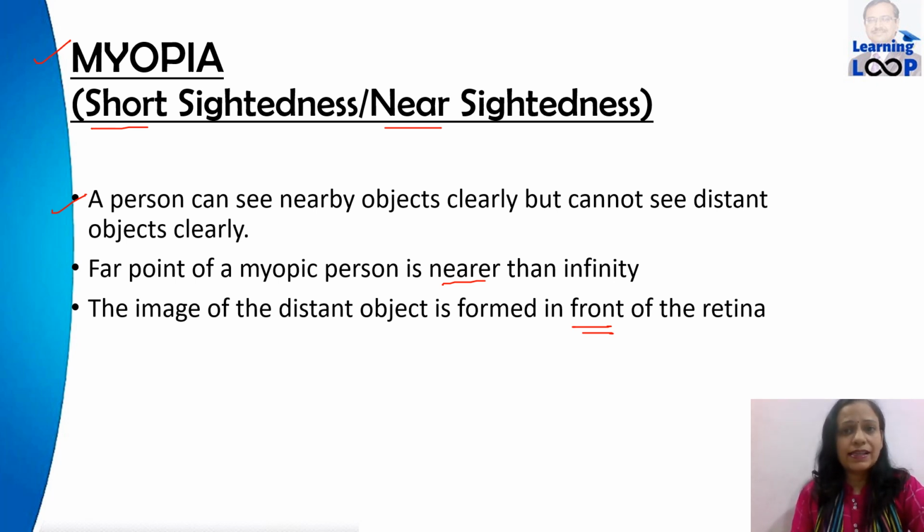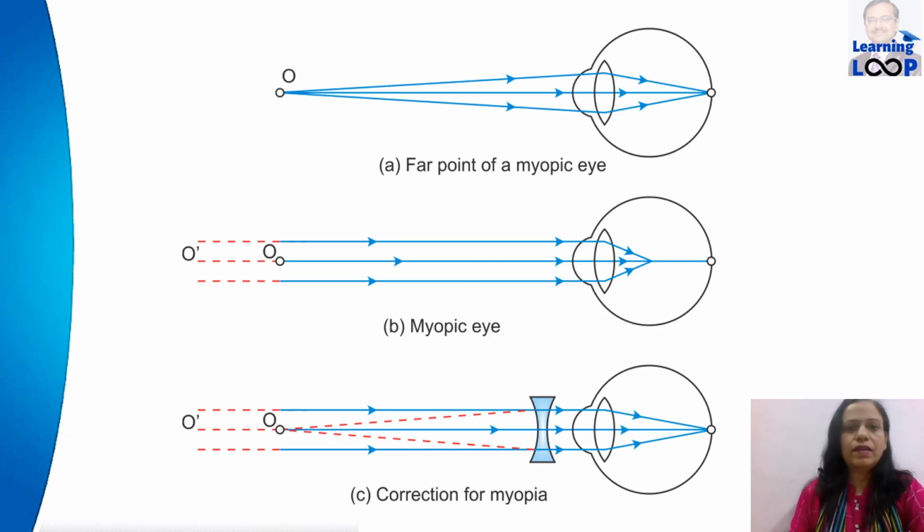Let us understand this better with the help of these diagrams. Now, the first diagram shows you the far point of a myopic eye. When I say the far point, that means till this point the person will be able to see clearly, that is point O, because when the object is at this point the image is being formed on the retina.